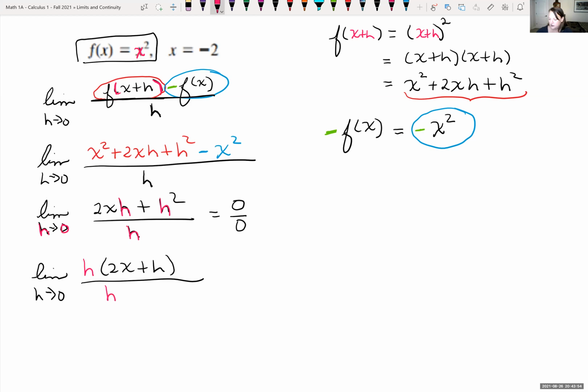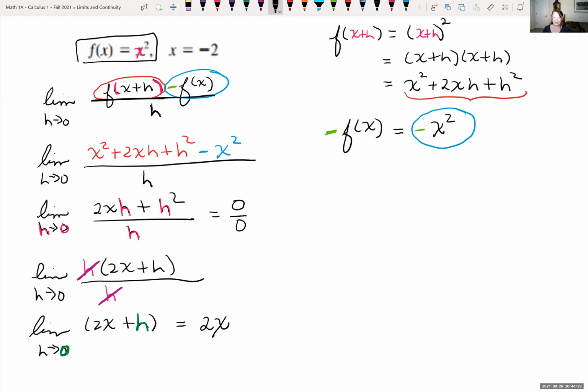And so notice we have a factor of h that cancels. And so really we're looking at the limit as h goes to 0 of 2x plus h. So if we plug in 0 wherever we see an h, this would just give us back 2x.